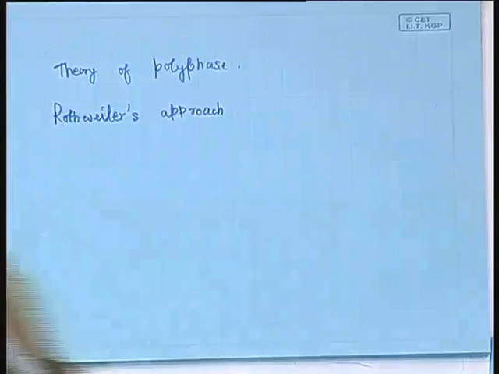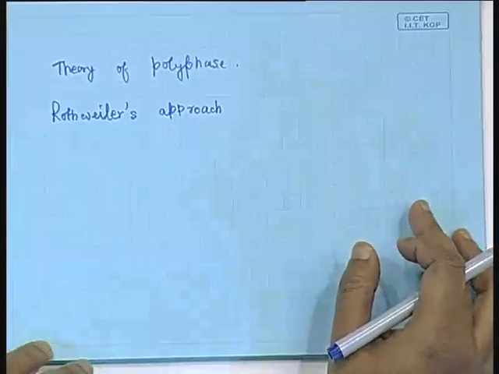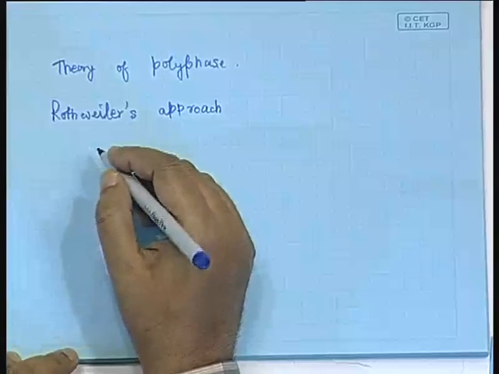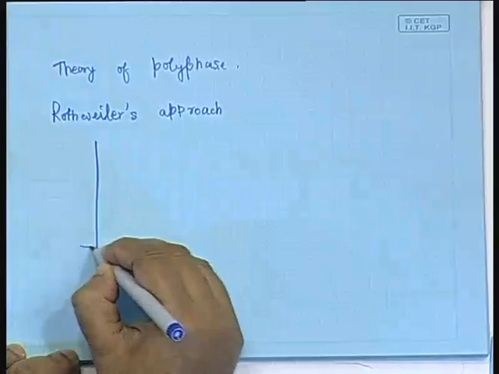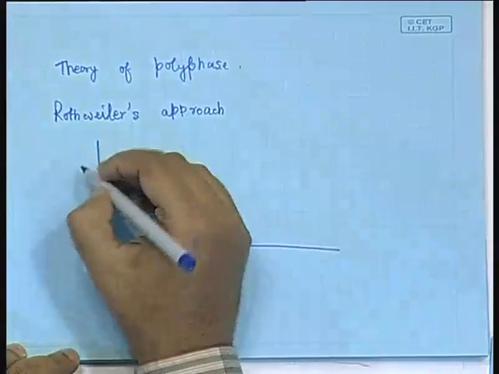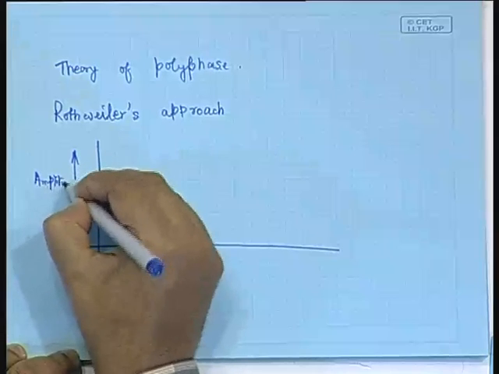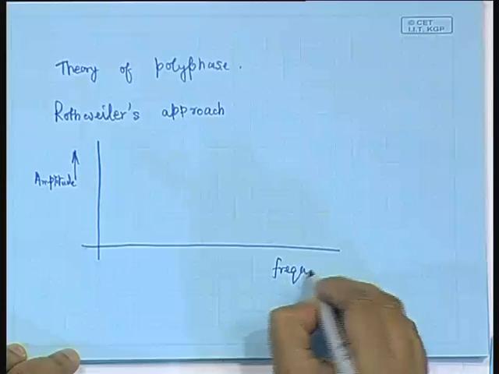So, what we have to do is to have a bank of band pass filters. Let us say that we are showing a bank of band pass filters whose responses are like this. Here we have the amplitude and here we have the frequency.